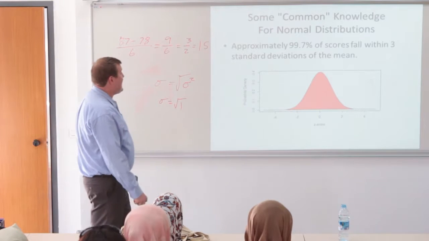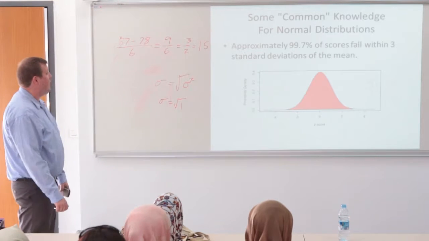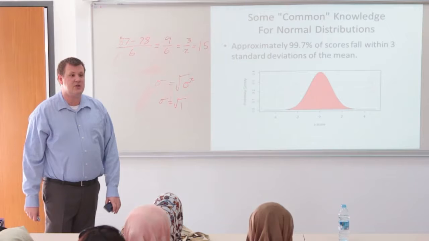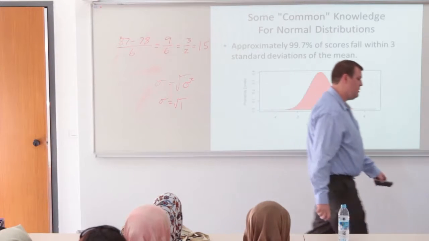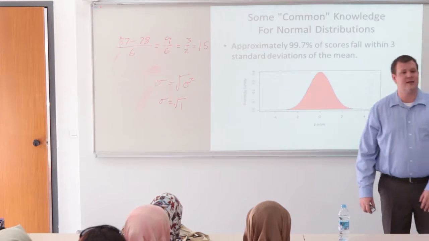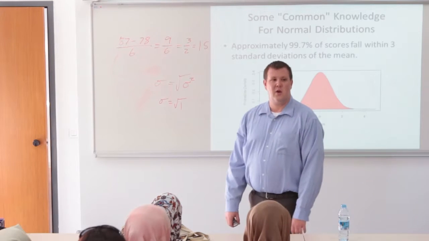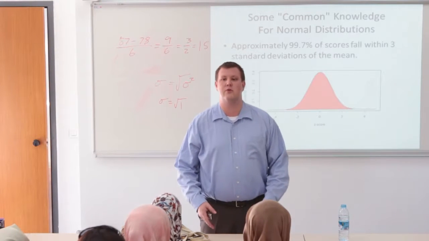Okay, so approximately 99.7% of the scores fall within 3 standard deviations of the mean. Now, it's interesting, in manufacturing, there's this rule, called the 6 sigma rule, or the 6 standard deviation rule.